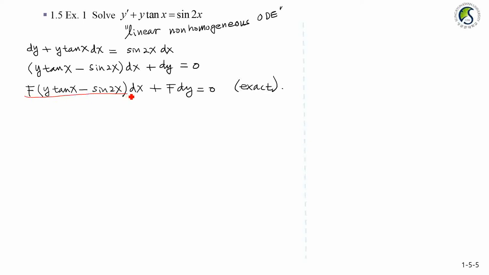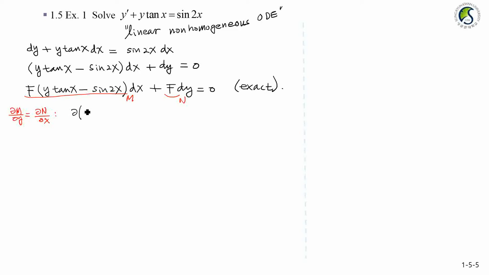So this whole term should be M and this term should be N. The exact condition is dM over dy equals dN over dx. We have to satisfy that condition.